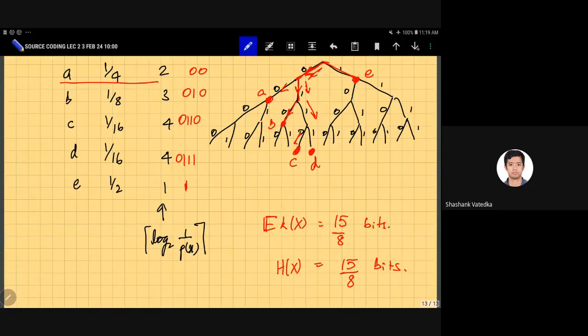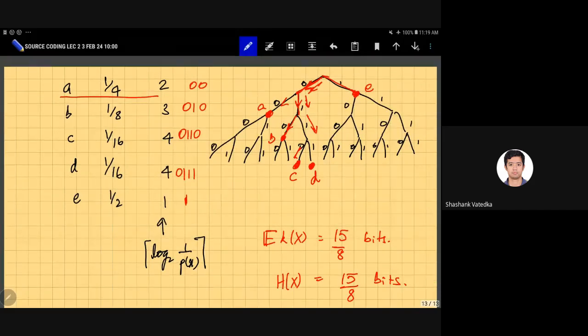Yeah, so the probability mass function is dyadic, and therefore the expected length is equal to the entropy. Right? And you can see that for any dyadic distribution, the Shannon code achieves an expected length equal to the entropy.